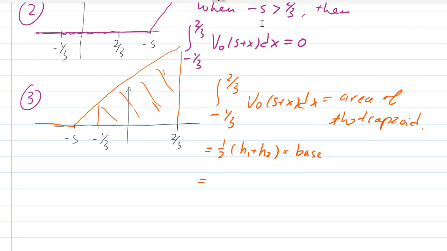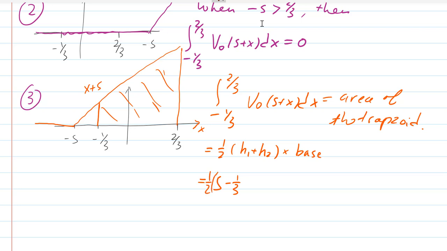If you look at the function, this one over here is x, right? And this is x plus s. So we can find height over here by using the values. So what we have over here is, x is negative 1/3, so s minus 1/3. That's the value over here.